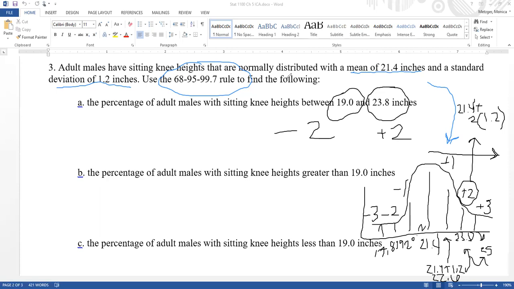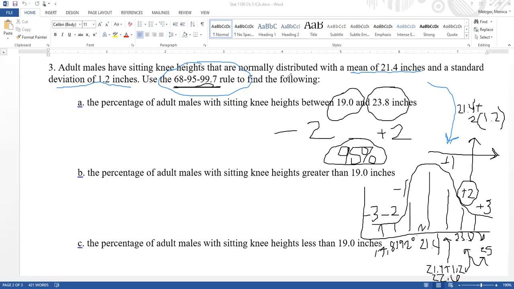So I'm asking myself, okay, well, how much of the data lies between or within 2 standard deviations? And we know that that would be 95%. So in that case, we knew that we could use just a value directly from that 68, 95, 99.7 rule.